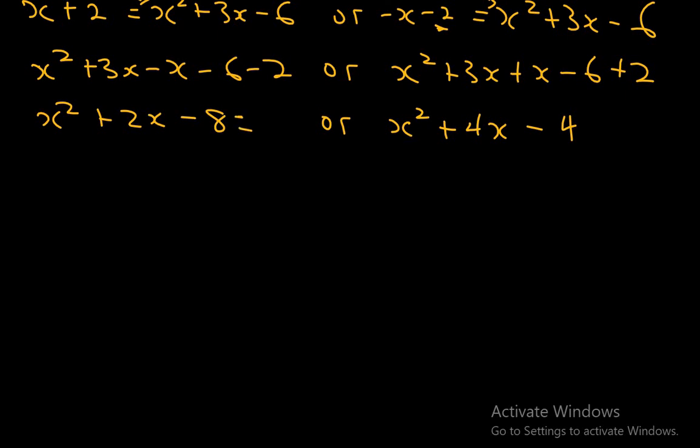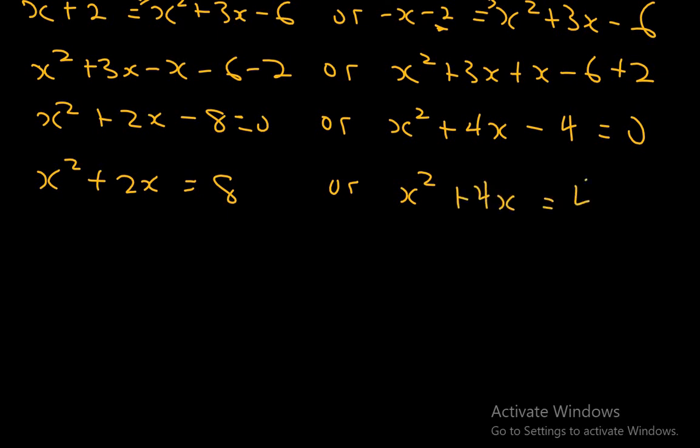If you equate this to 0 and equate this also to 0, the first step has been carried out, which is making sure the coefficient of x squared is 1, which is already 1. Then step 2 is to take the constant to the other side. So that's x squared plus 2x equal to 8, or x squared plus 4x equal to 4.